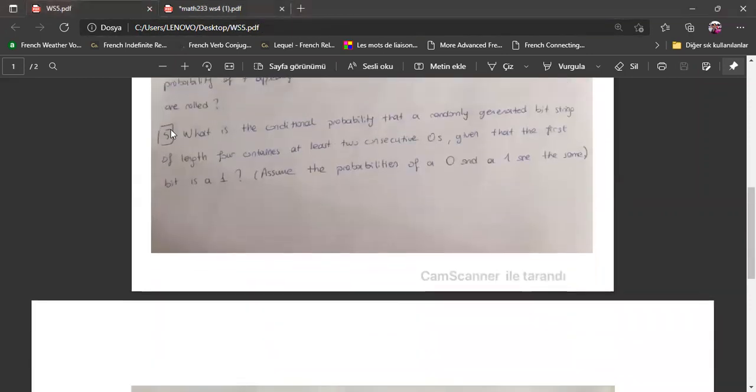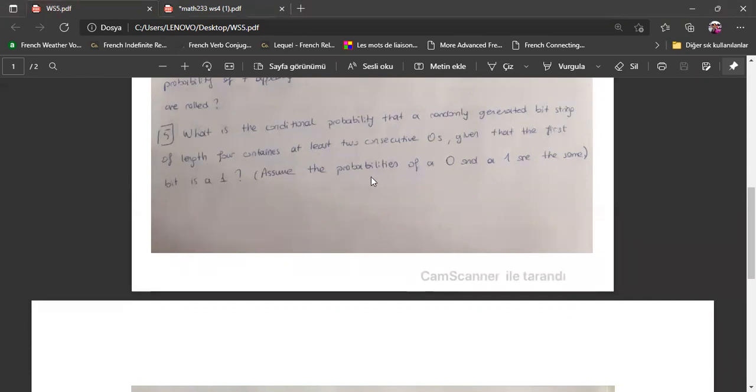Now, let's read it from here. So what's the conditional probability that a randomly generated bit string of length 4 contains at least 2 consecutive zeros? And here we assume that the first digit of that bit string is 1, okay?